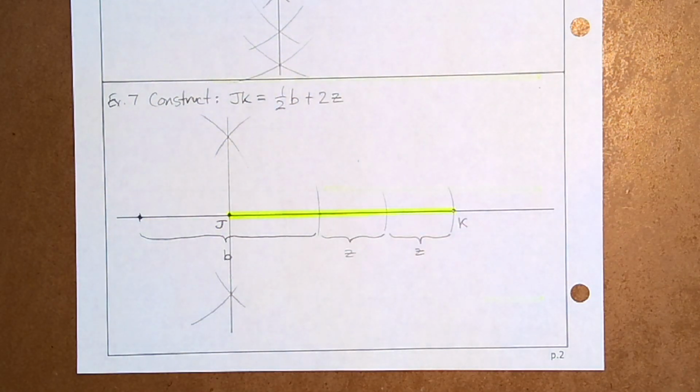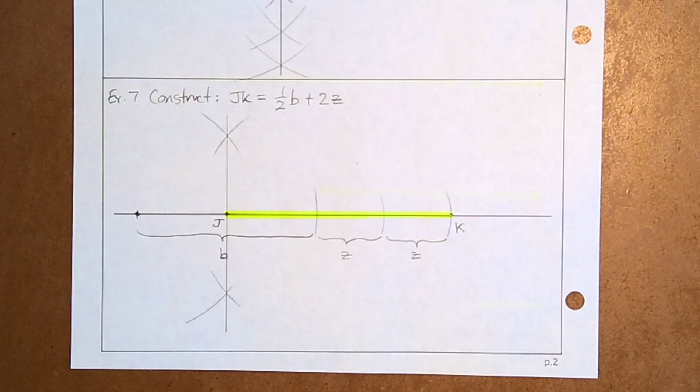And then I can highlight my line segment JK at a length of half B and 2 Z's long.